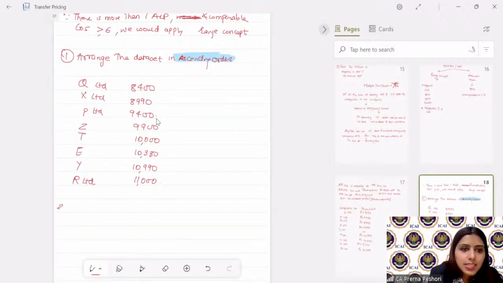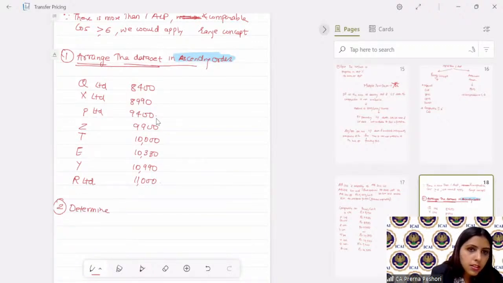Now the second step. This was step 1: arrange the data set in ascending order. Second step, determine the 35th and 65th percentile.